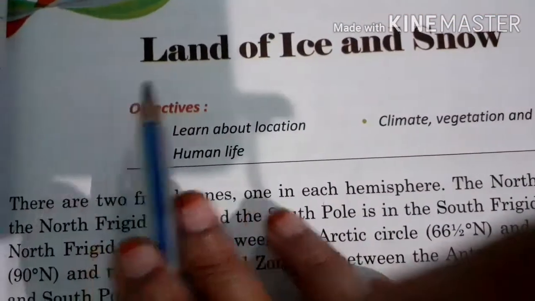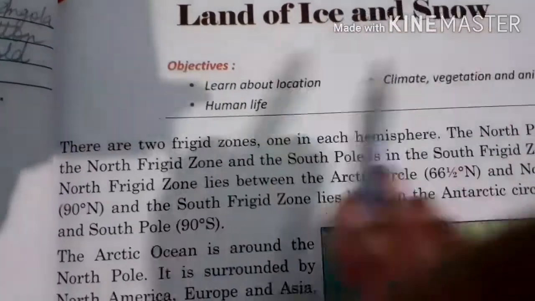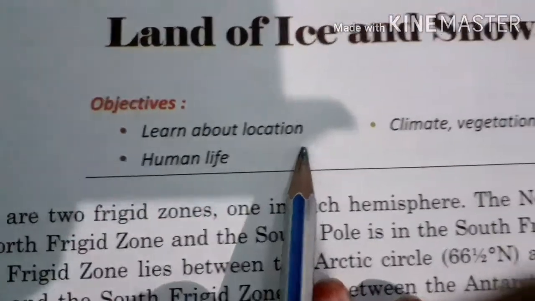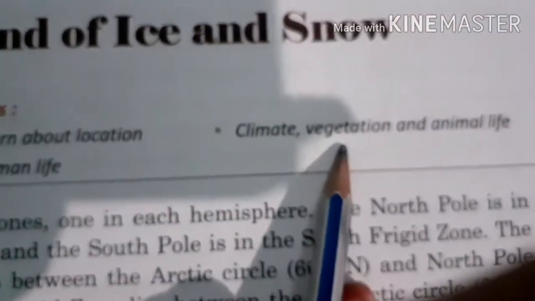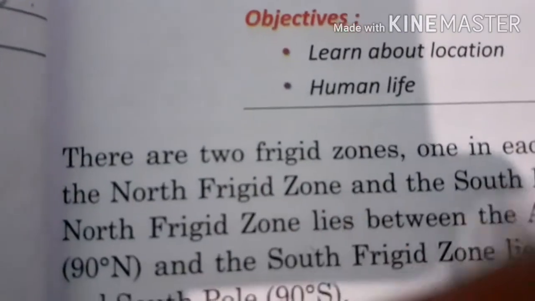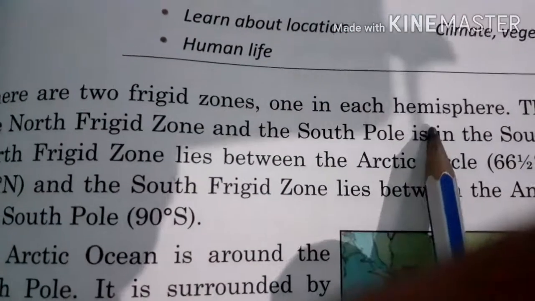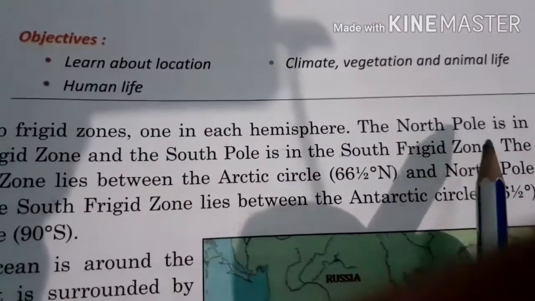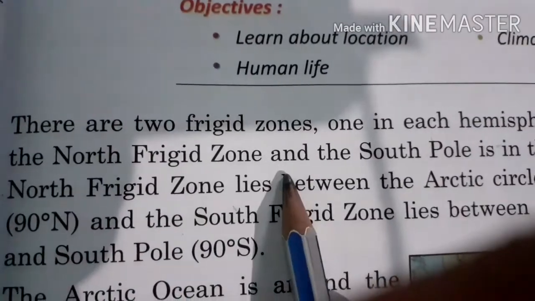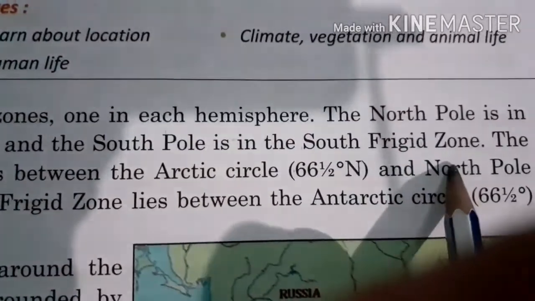Okay. Chapter number 6, Land of Ice and Snow. The objectives of the chapter are to learn about location, climate, vegetation and animal life, and human life. There are 2 frigid zones, one in each hemisphere. The North Pole is in the North Frigid Zone and the South Pole is in the South Frigid Zone.